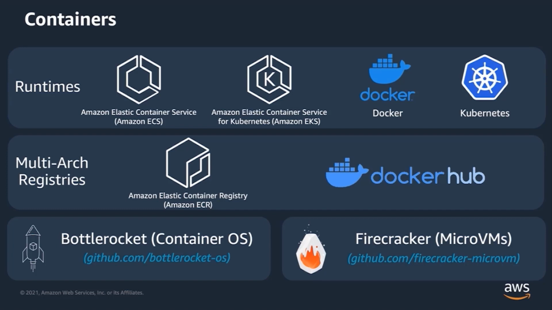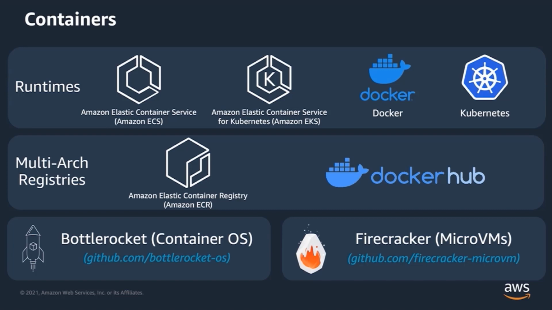Our own container orchestration systems, EKS and ECS, have first-class support for Graviton, including things like the ECS and EKS optimized Amazon Linux AMIs. We have them built directly for ARM64, so it's super easy to spin up a Graviton2 powered instance within one of your EKS or ECS clusters.